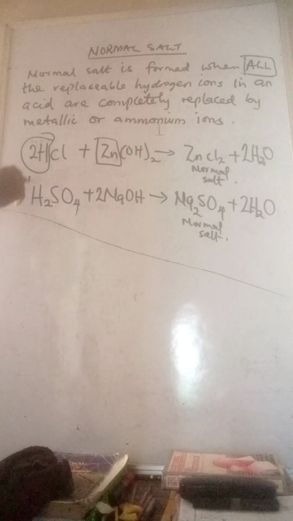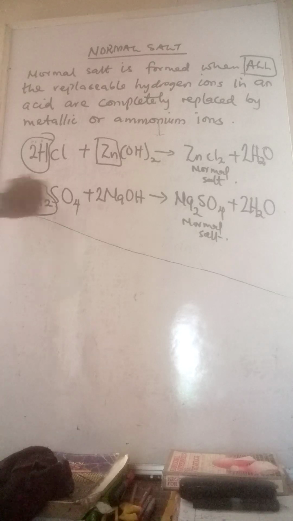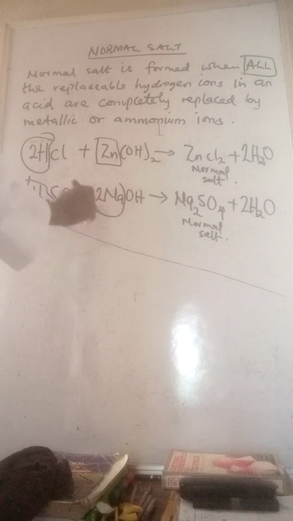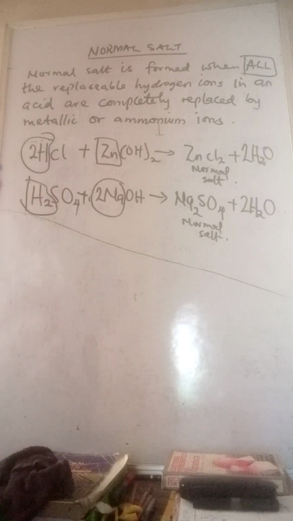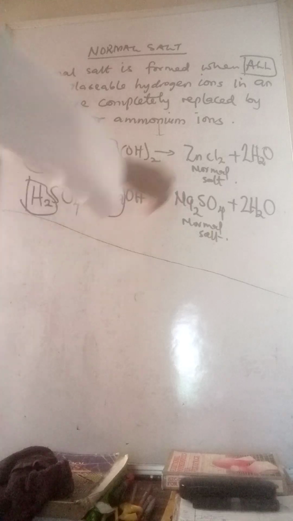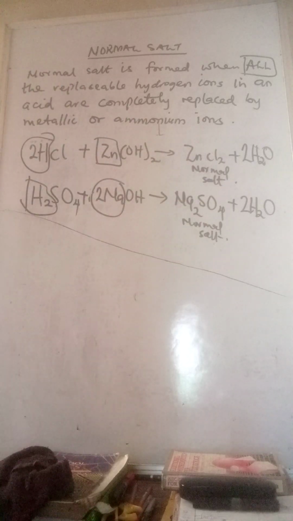Sodium tetraoxosulfate 6 salt is a normal salt because it is very obvious that all these hydrogen here have been replaced by this sodium. So take note of that. That is what we mean by normal salt.